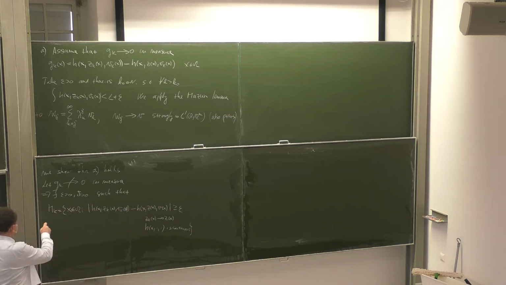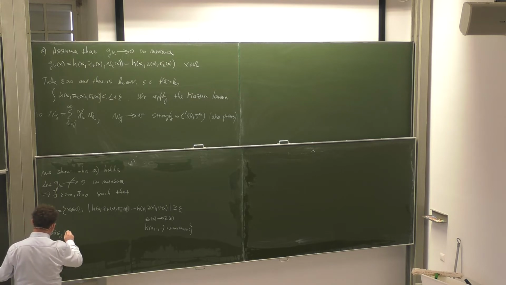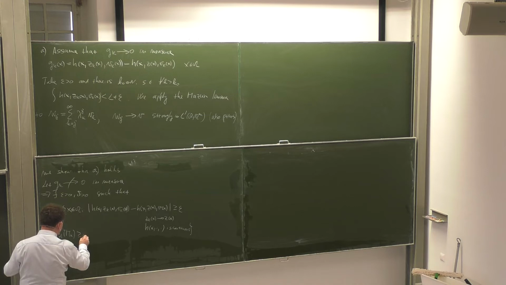So this set, it holds that the n-dimensional Lebesgue measure of M_k is bigger or equal than delta.